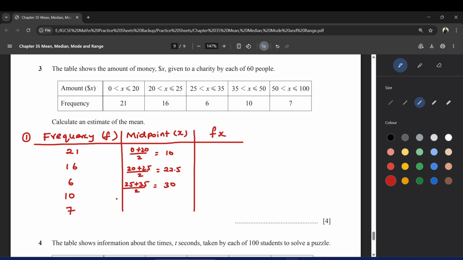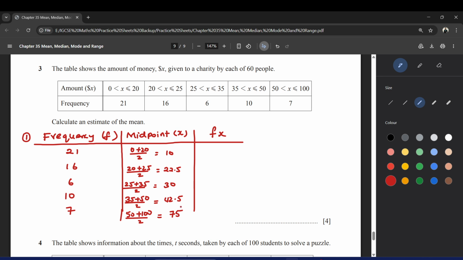Then we have 35 plus 50 upon 2, and that would be 42.5. Okay, then the last one is 50 plus 100 divided by 2, and that would be 75. Okay, let me just double check.